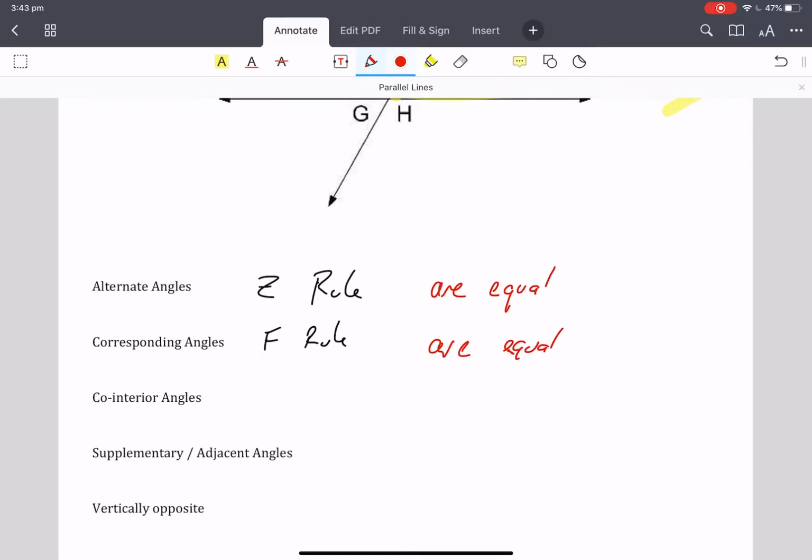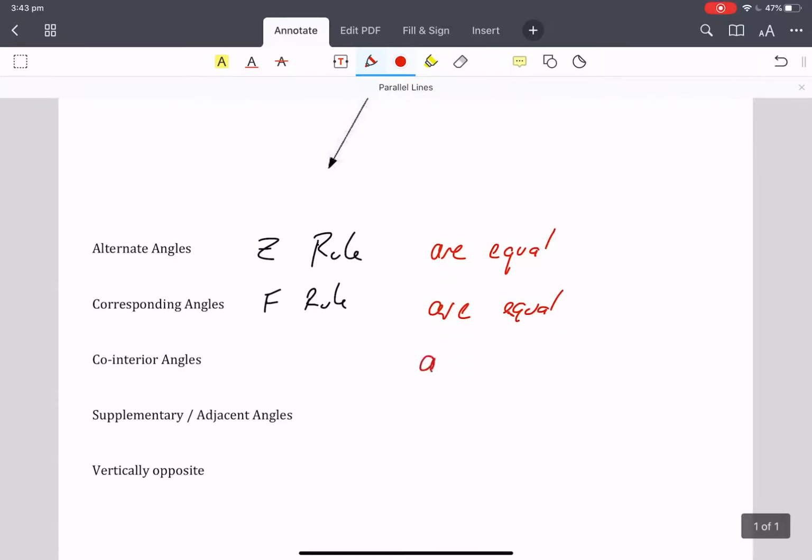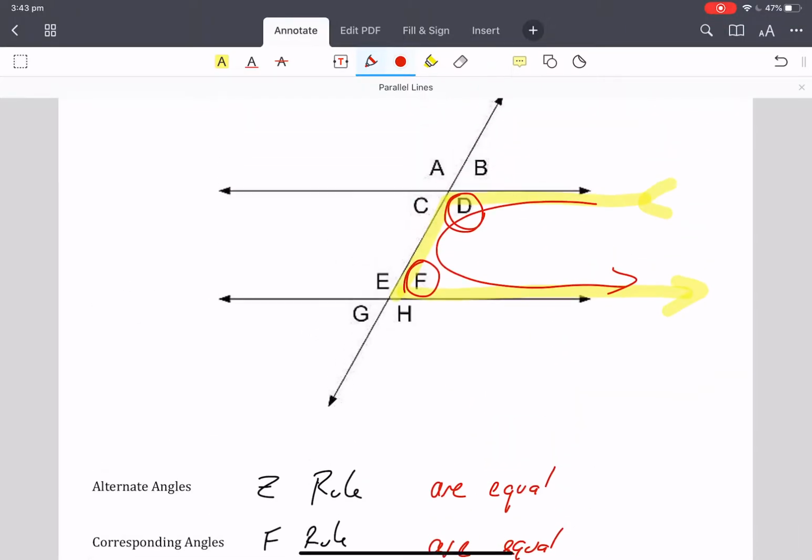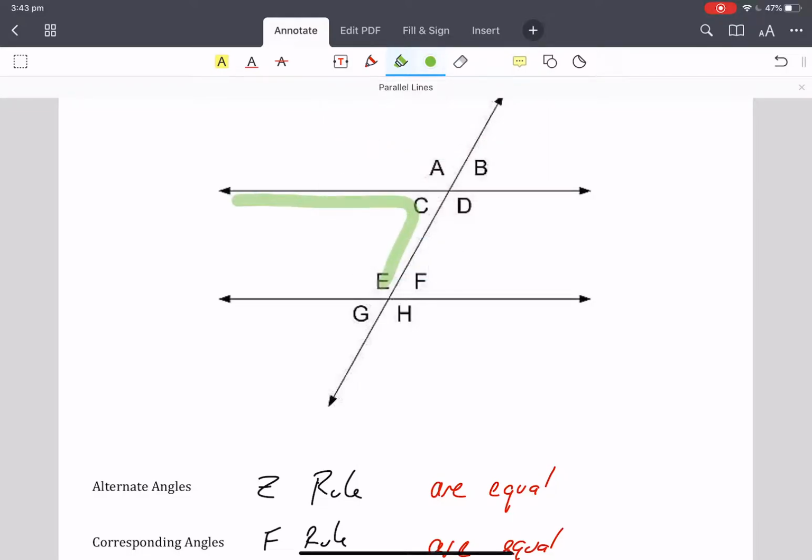So co-interior angles add to 180 degrees. D and F are co-interior angles. C and E are co-interior angles. So I don't know what they are, but whatever C is plus whatever E is must add up to 180. Co-interior angles add to 180.